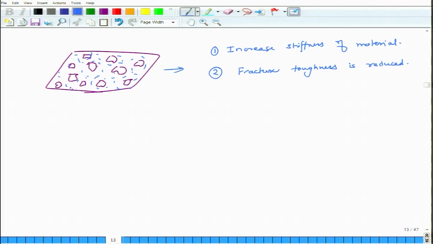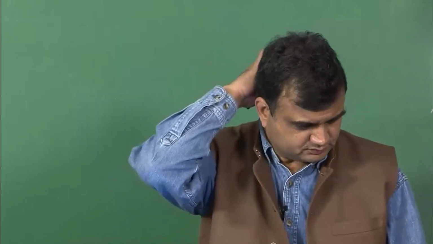Because the bonds between the particle and the matrix is not very good, and those are the places where you have a probability of getting cracks developed much earlier. So, if you take one of these composites and try to bend it like this, it will crack very easily along the points where the matrix touches the particle, okay, at that interface. So, that is one reason.